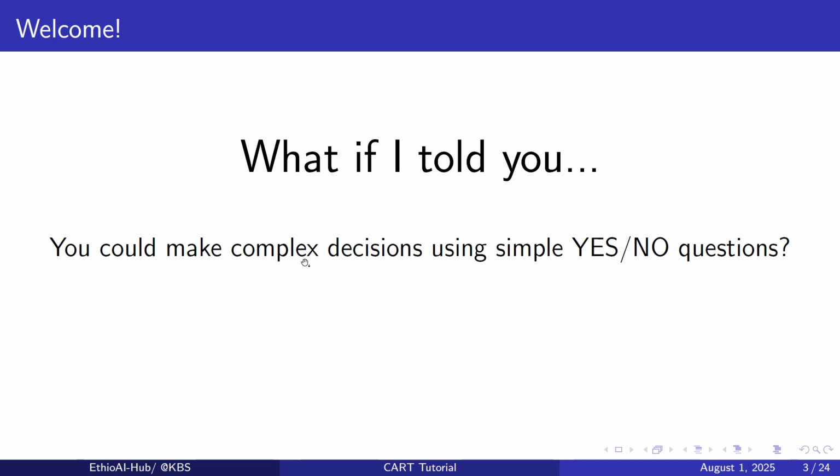Yeah, and what if I told you you could make complex decisions using simple yes and no questions? And that's exactly what decision trees do. So ችግራችንን ያለንን research question, it asks yes and no question, and then if yes you go left, if no you go right.